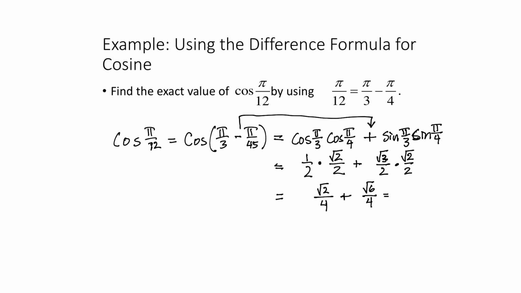These have the same denominator, so I can go ahead and add them. If I didn't have the same denominator, I would get a common denominator. In this case, we ended up with the same denominator, so we can combine them and write them as root 2 plus root 6 over 4. Generally, that's what we want to get this down to, but of course, look at the way that the system wants you to enter your answer.